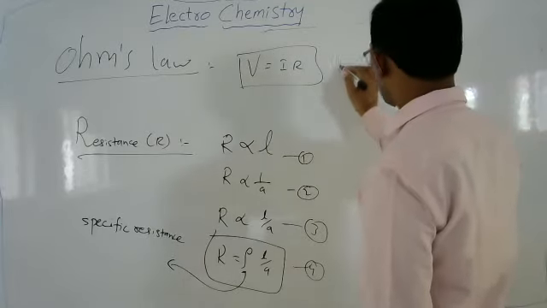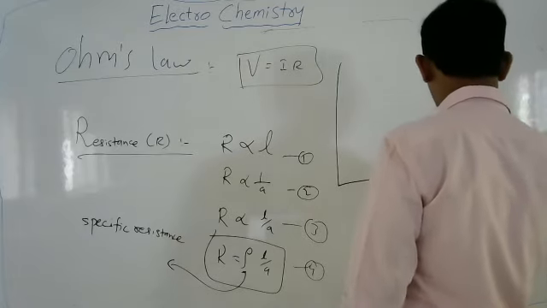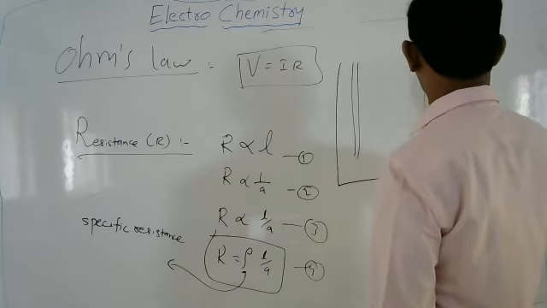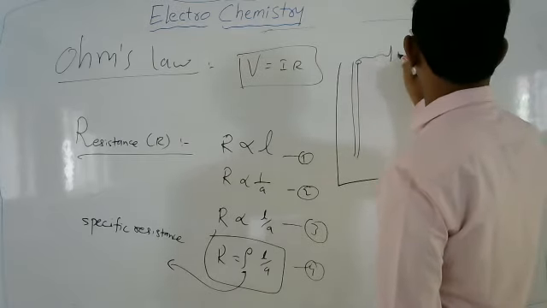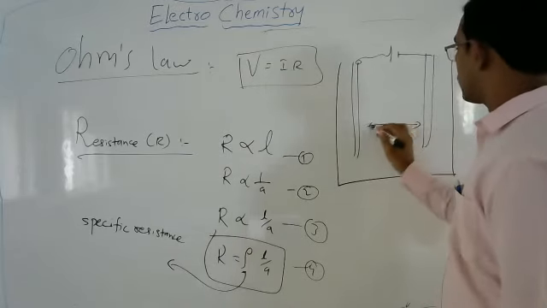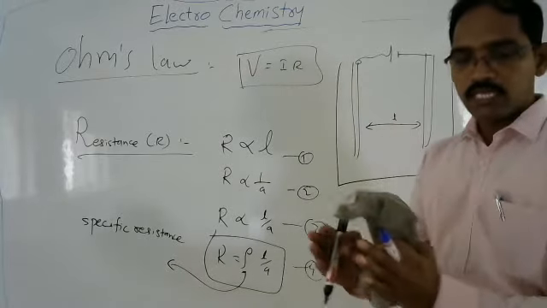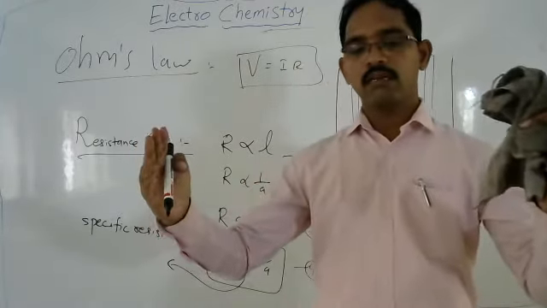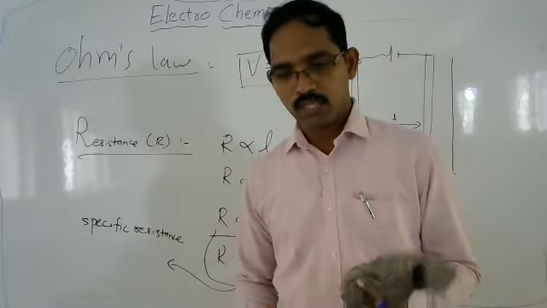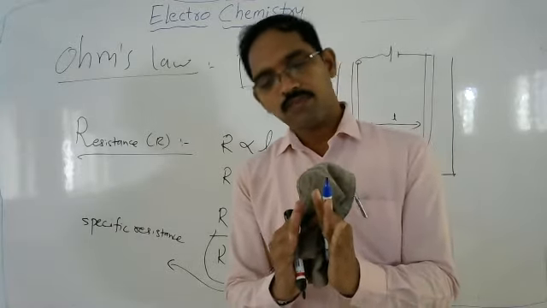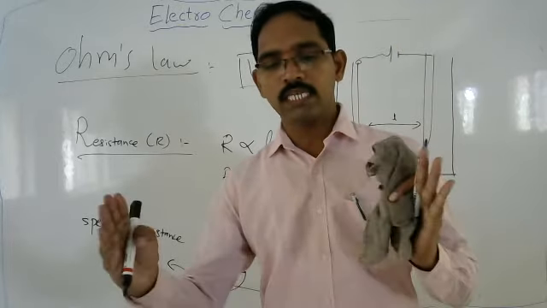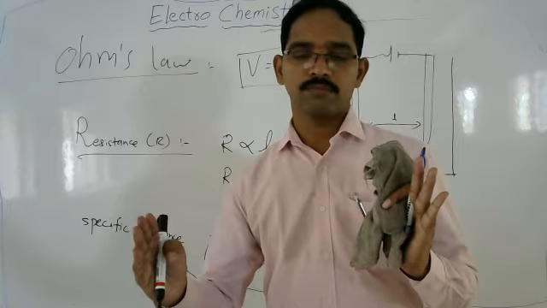Yes. So in chemistry, we don't take iron rods or iron wire. Here we are taking electrodes. So this electrode distance, this distance is L. If these electrodes are kept 1 meter apart, then electricity cannot pass. If you keep a very small distance, then obviously electricity can pass. So when the distance is increasing, resistance is increasing.